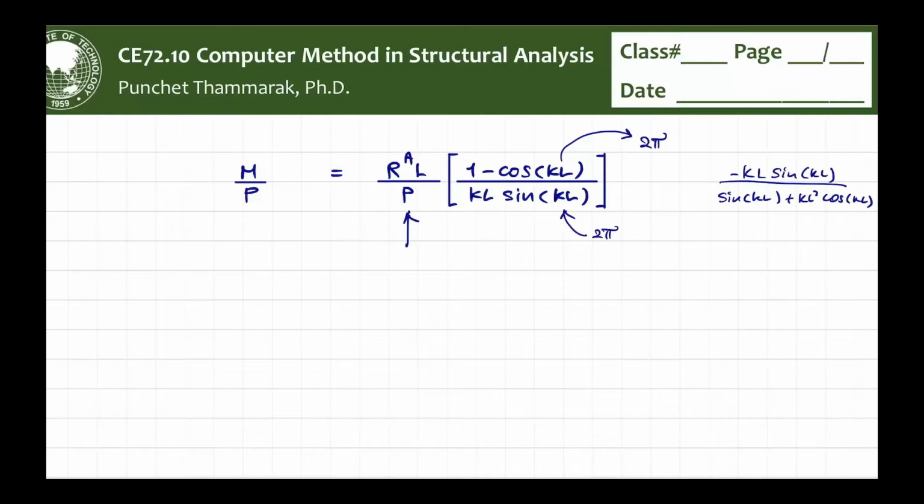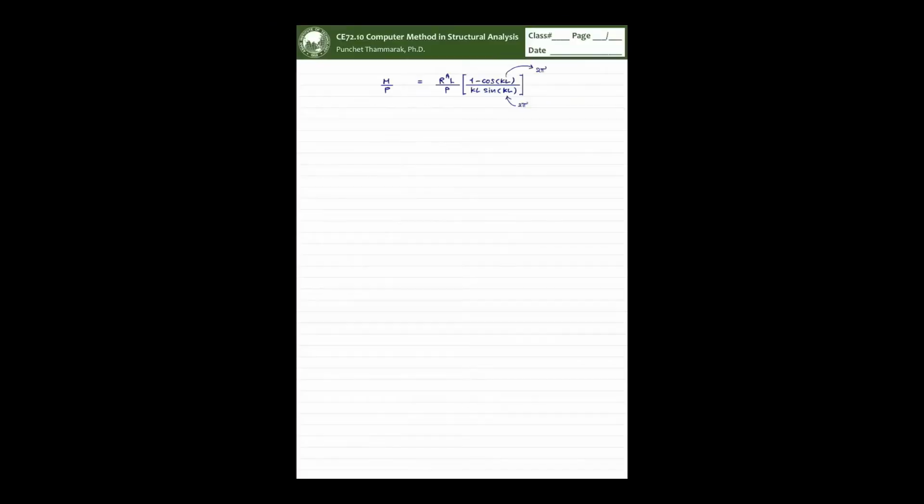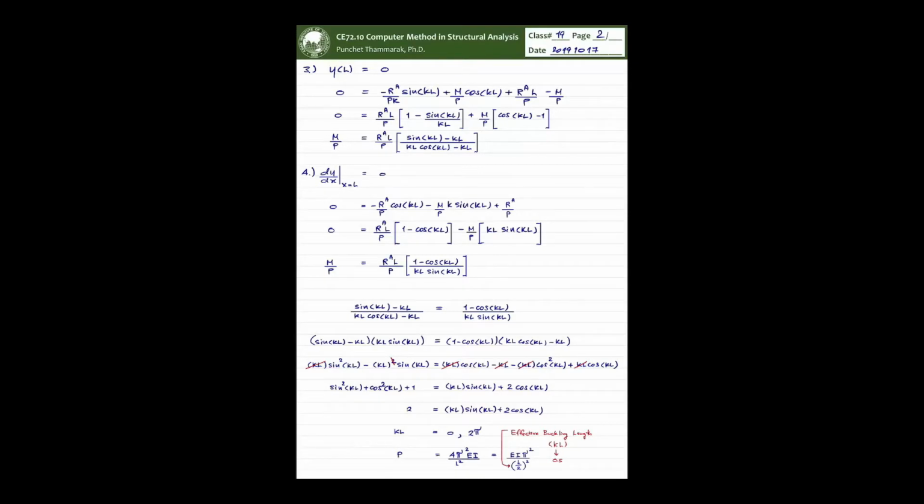Well, vice versa, if I write the RA L over P in terms of M over P, it is infinity. So you're going to have infinity multiplied by 0. Okay, the issue will be there still. Let me look at this. So as of now, we have the RA M over P.